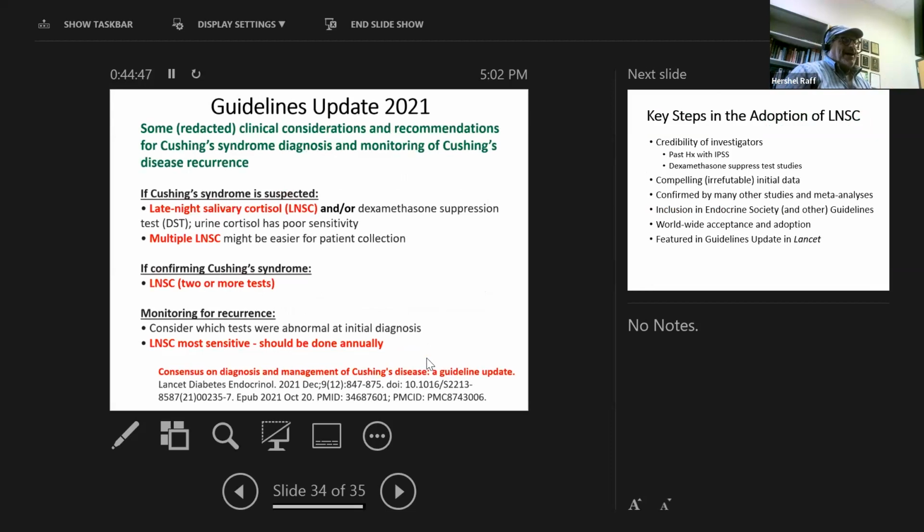It's used for diagnosis. You can do it multiple times. The patient doesn't have to leave their house. Well, before the pandemic, we used the mail. I'm not sure how reliable the mail is now. You can do it to confirm one of the other tests. And most importantly, now there's a way to follow these patients, which was absent up until recently.